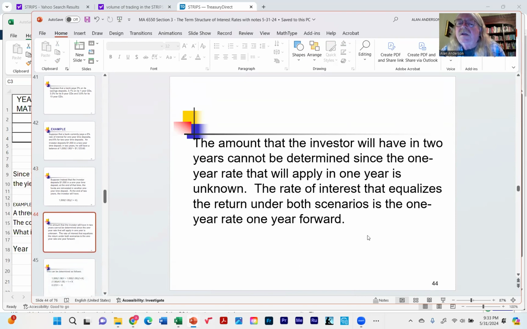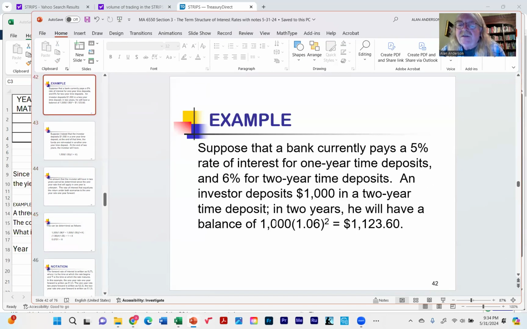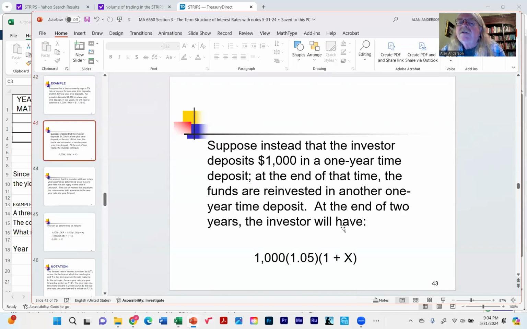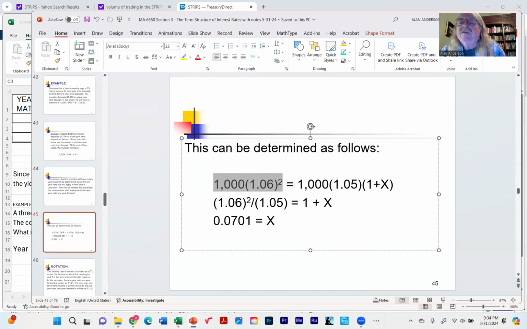So it turns out that if during the second year you earn 7.01%, in both cases, you'll end up in 2 years with $1,123.60. So you see how we solved for it algebraically. This is the future value of investing for 2 years at 6%.